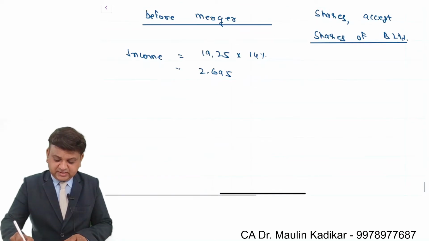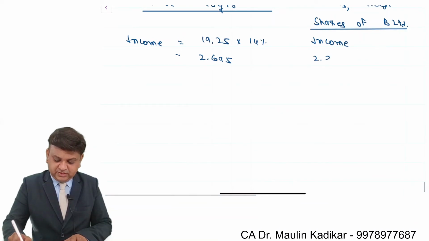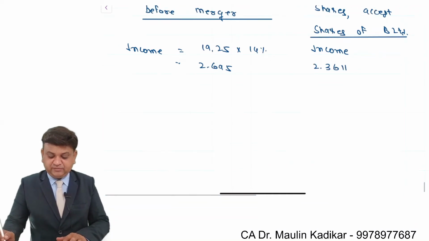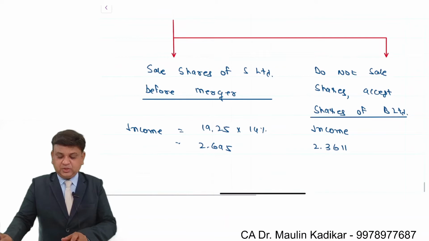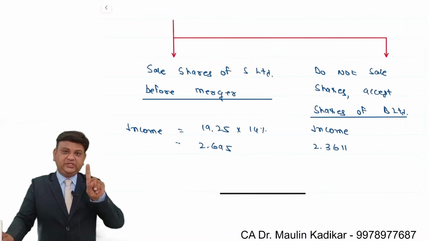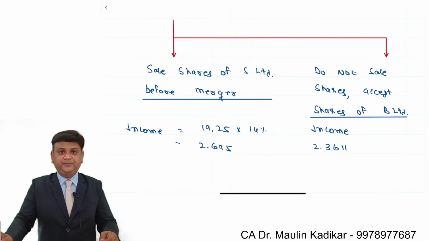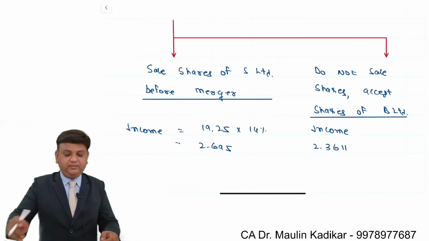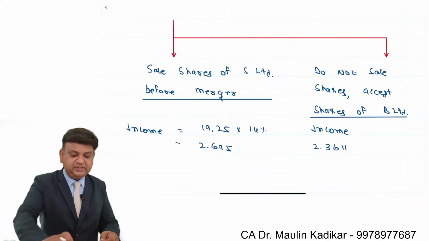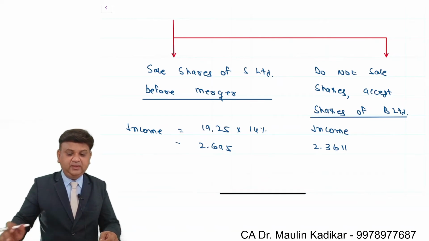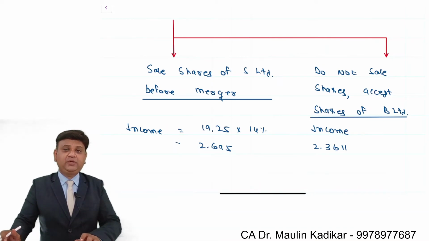So in that case the income will be 2.3611. That is what we already have calculated. Because against your one share, for the new company you will get 2/3 share. The EPS of the new firm is 3.5417 into 2/3. That is the earning attributable to you.